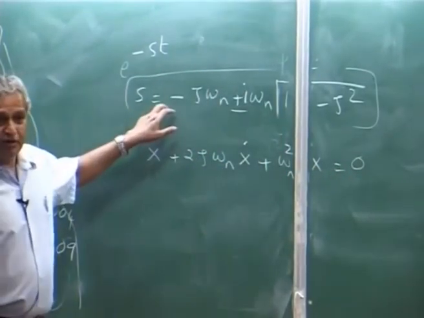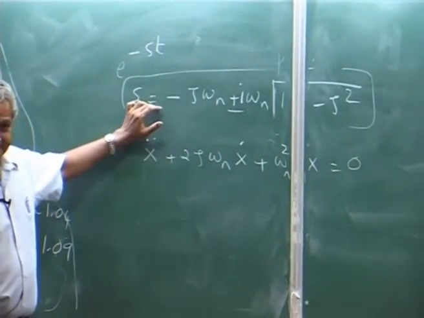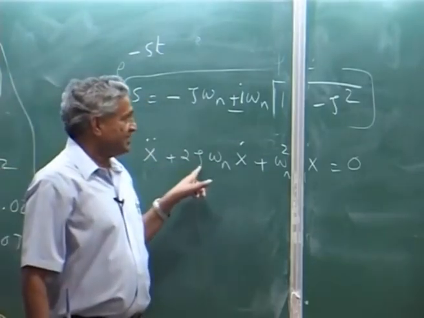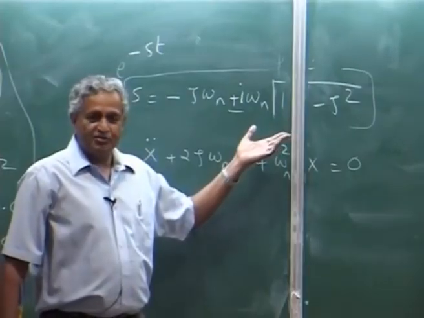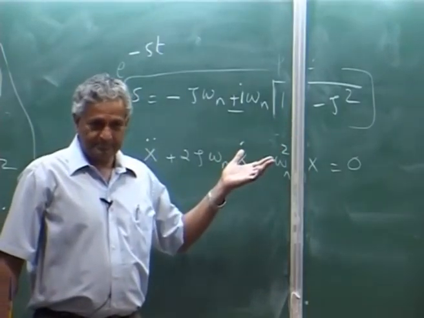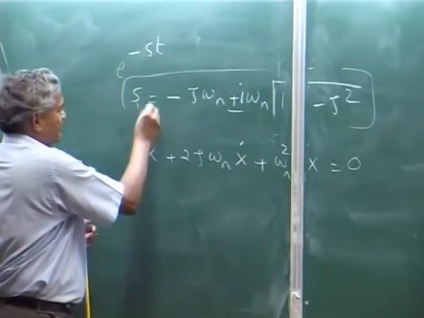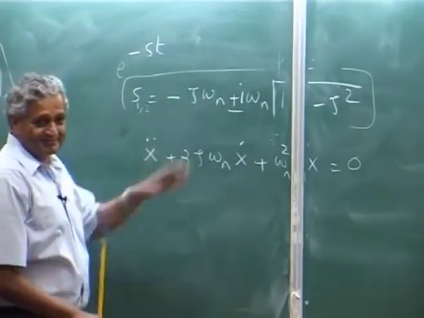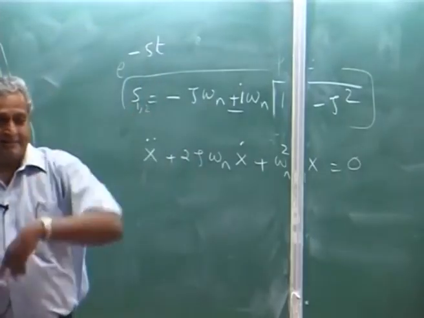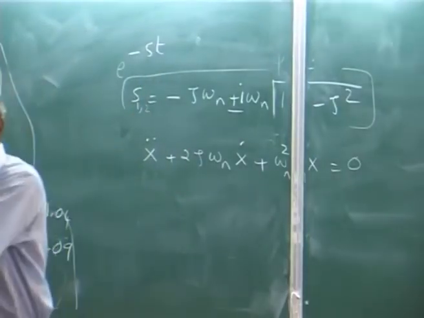This is the homogeneous part equation root, where zeta is less than 1. You analyze the roots, you get the 2 roots s 1, s 2, substitute them, and you get a decay and a sinusoidal.